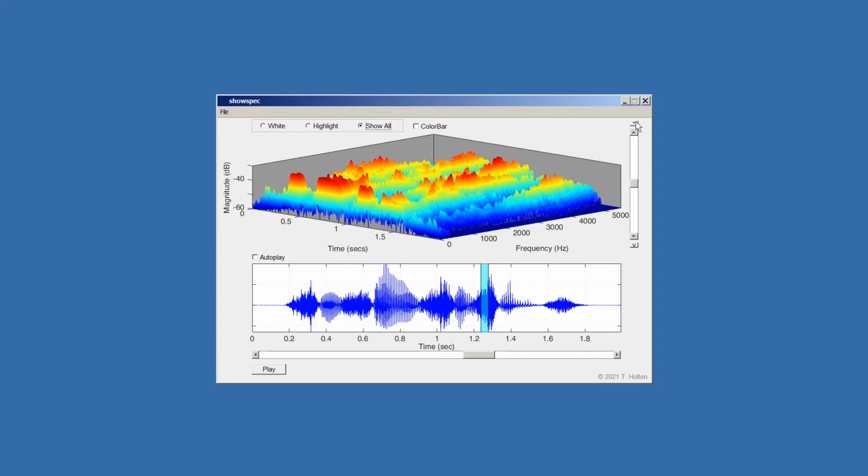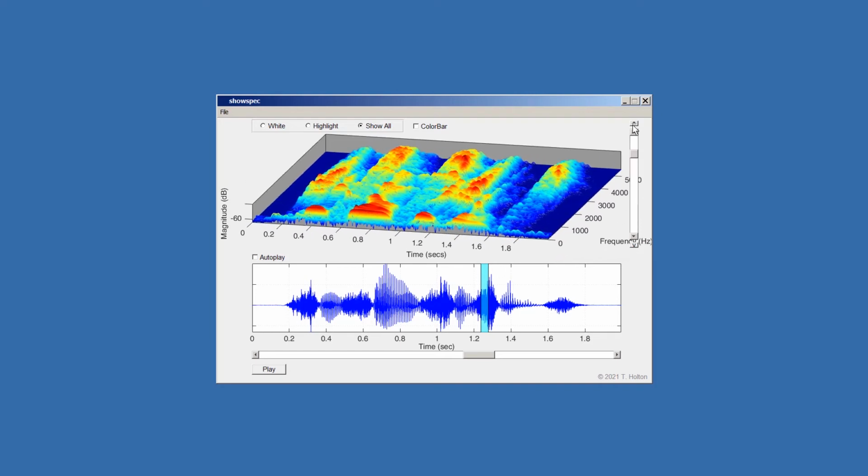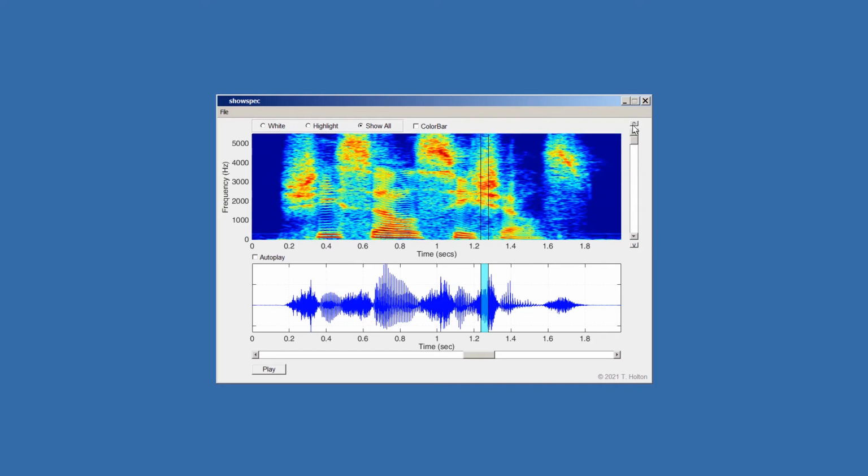So if we rotate the plot up, so we're looking at it from above, now we have a nice two-dimensional representation of spectral frequency versus time with magnitude encoded in color, and that's the spectrogram. The spectrogram clearly shows the variation of phonetic content of speech as a function of time.